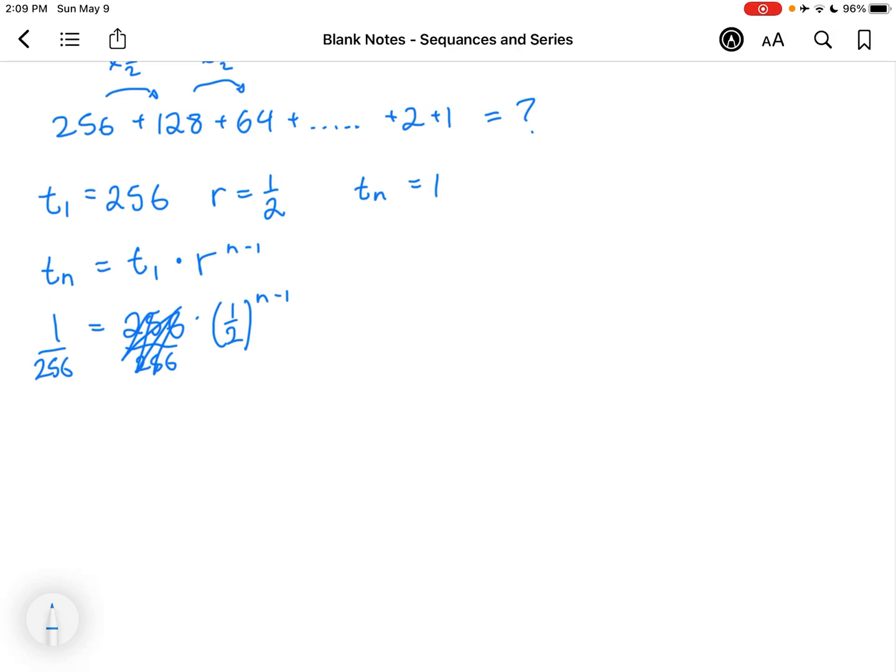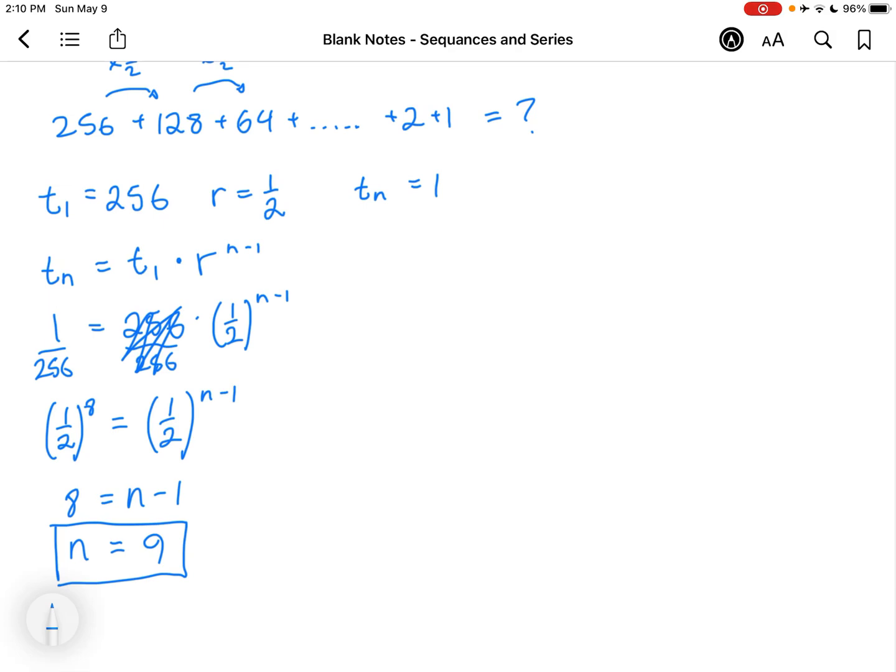So I'm just going to play around and say, okay, what's 2 to the power 6? That's 64. That's too small. What's 2 to the power 8? 2 to the power 8 happens to be 256. So 1 over 256 is going to be 1 over 2 to the power 8. And that's 1 over 2 to the n minus 1, which means that 8 equals n minus 1, which means n equals 9.